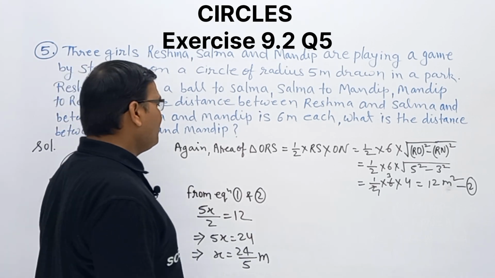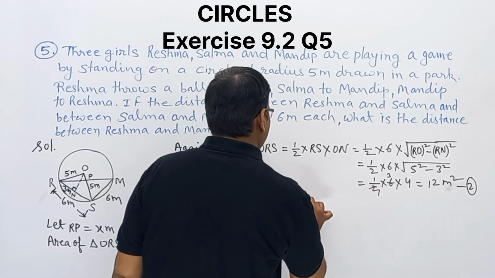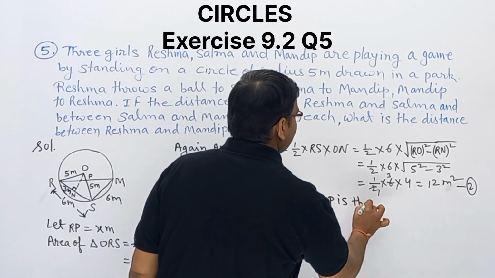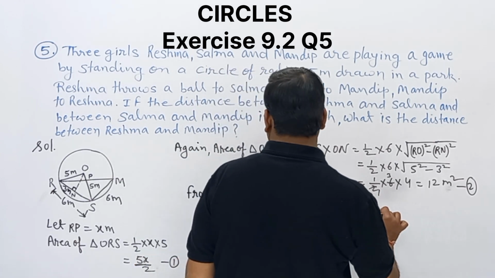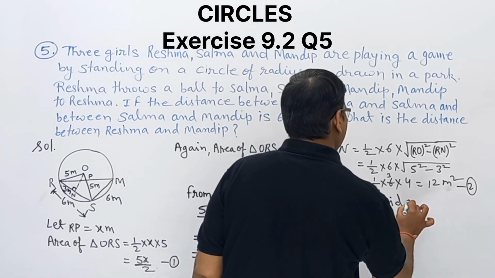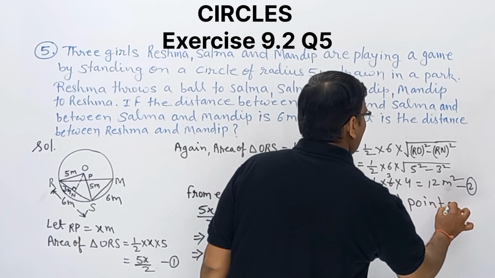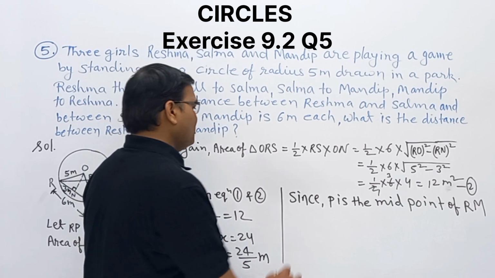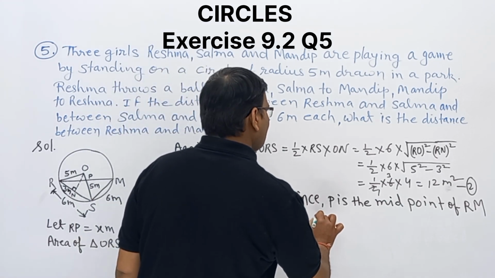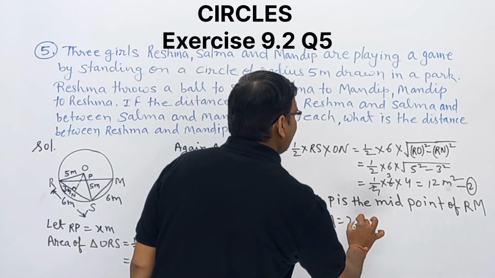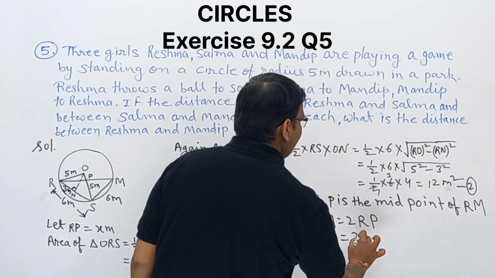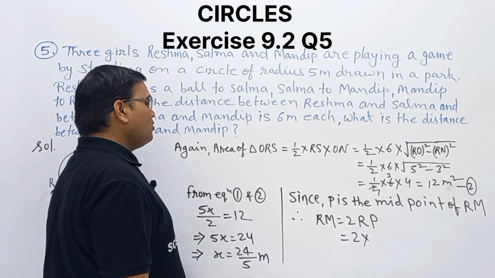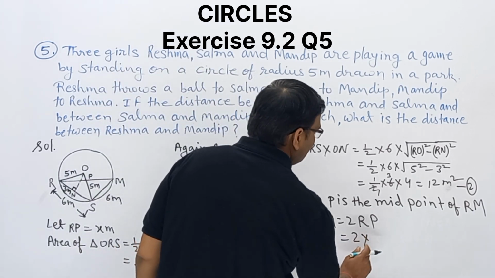Since P is the midpoint of RM, RM will be 2 times RP, and RP is x.